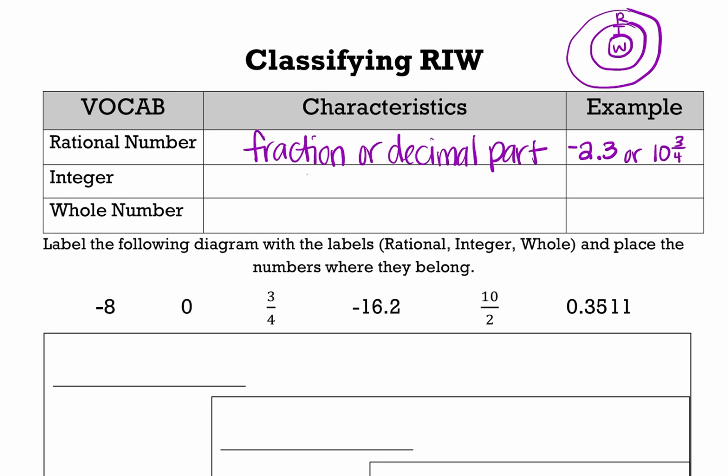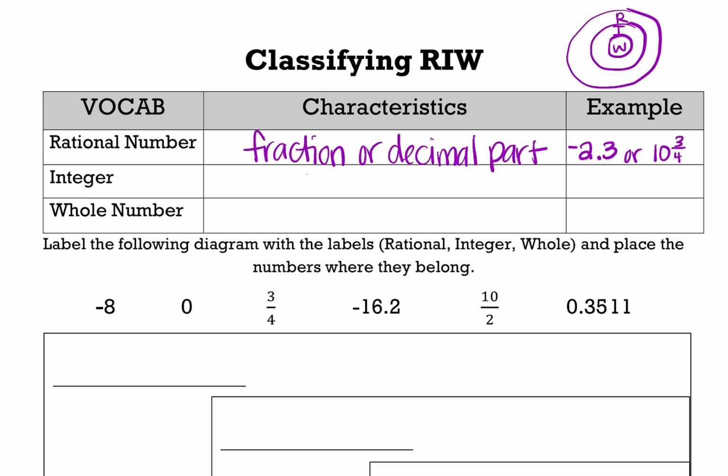Both of these qualify as rational numbers simply because they have a decimal or fractional part, an extra piece on top of the whole number. So fractions and decimal parts all belong in rational numbers, in this outside section of our circle.